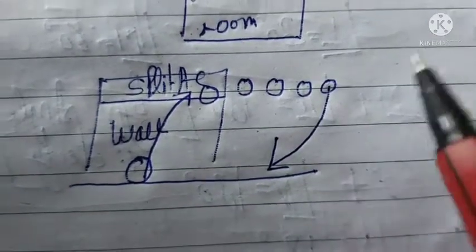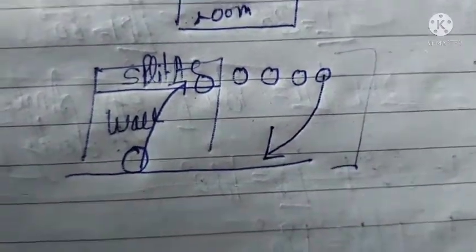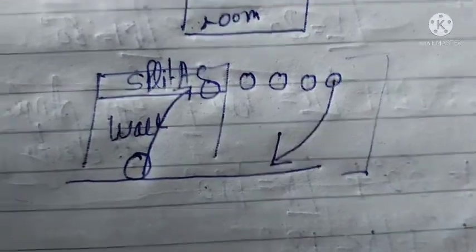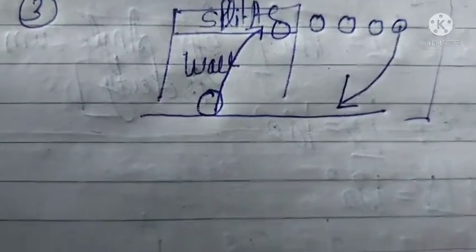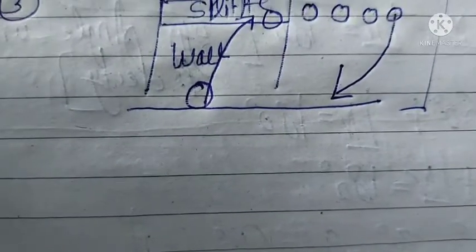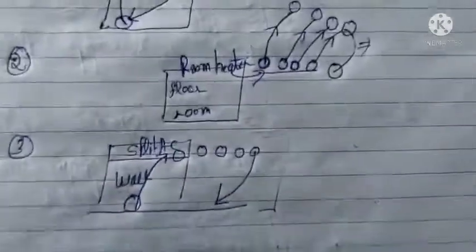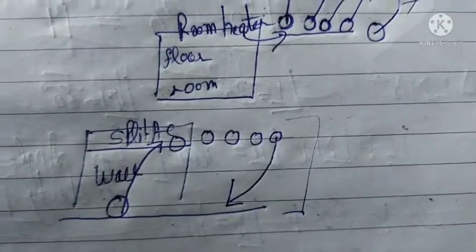In this process, the whole room will get cool after some time. This is also due to convection currents. The cooling of a room is taking place due to convection currents. The heating of a room is also taking place due to convection currents.